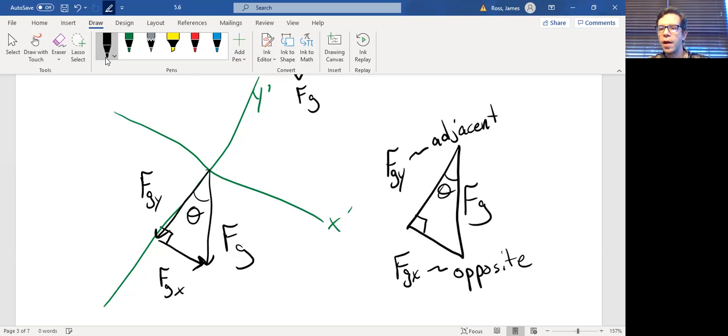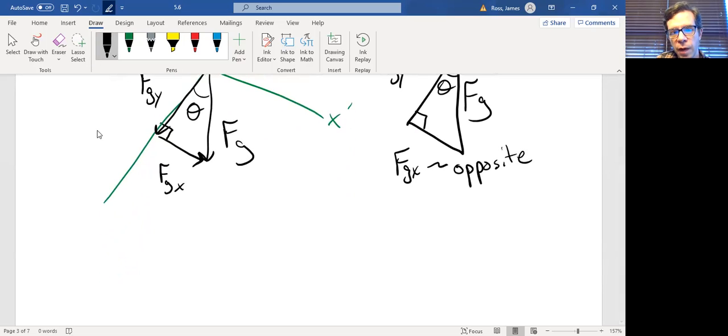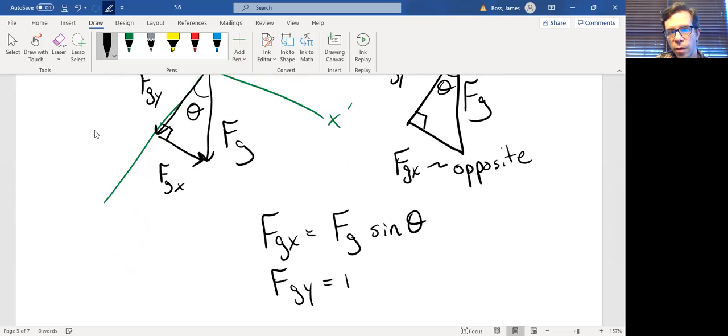So our trig is not those ones that we had drilled into us in trig. In this case, F_Gx is going to be F_G sine theta, and F_Gy is going to be F_G cosine theta. That's not F times G, that's F sub G.